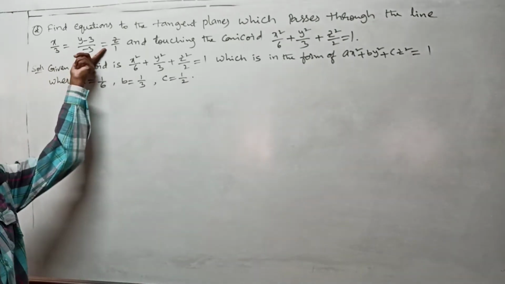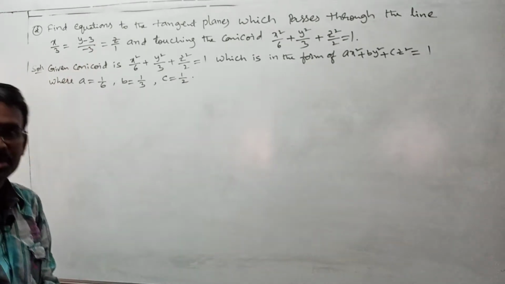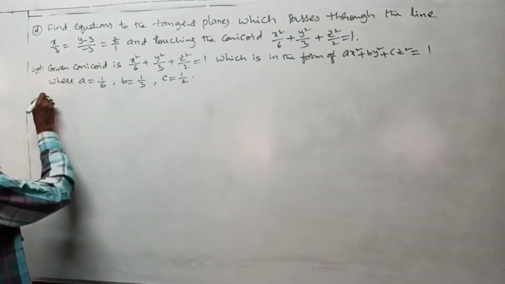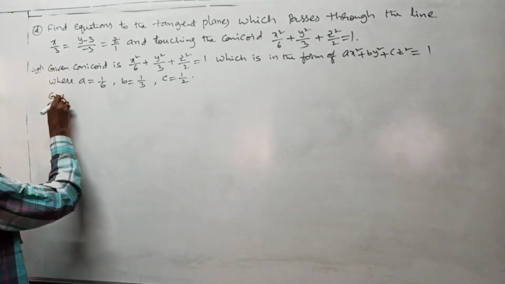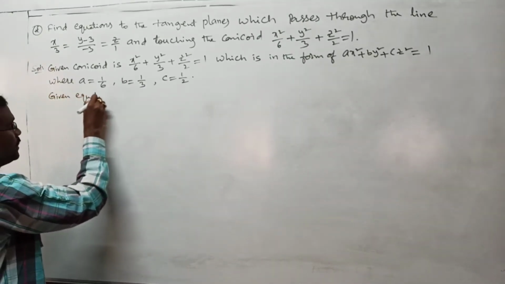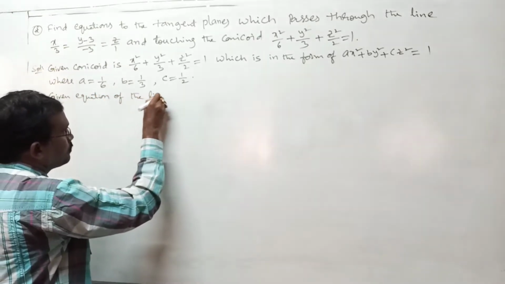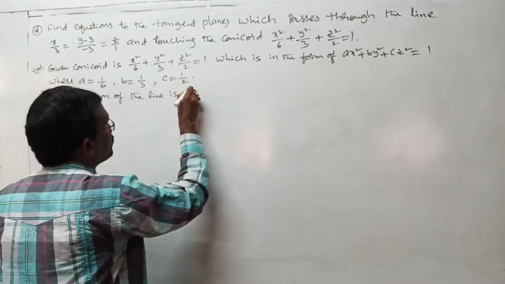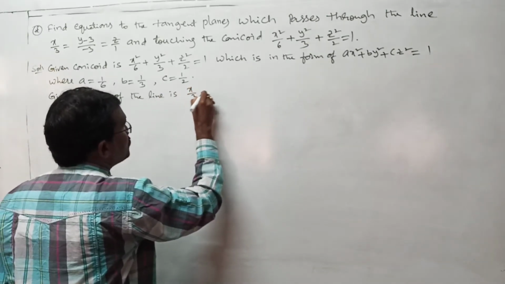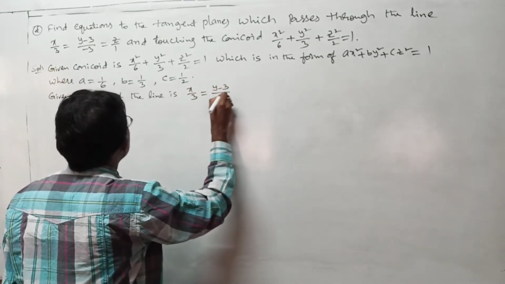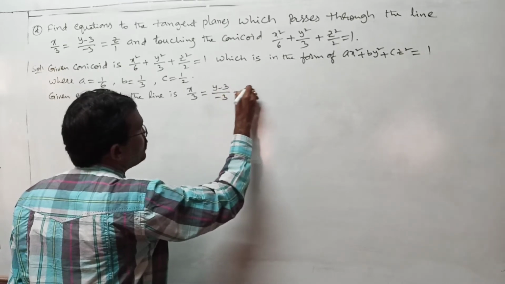Now take your given line and write it in the unsymmetric form. The given equation of the line is x by 3 is equal to y minus 3 by minus 3 equal to z by 1.